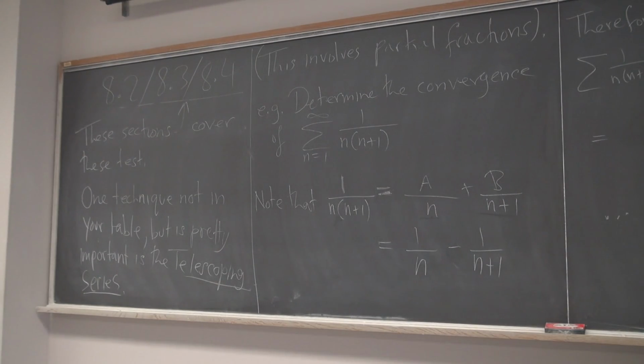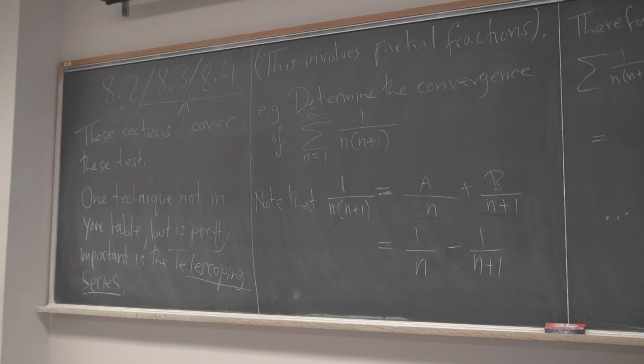Plus, what does the n minus second term look like? 1 over n minus 2 minus 1 over n minus 1, plus the n minus first term, 1 over n minus 1 minus 1 over n, plus, let's look at the nth term.